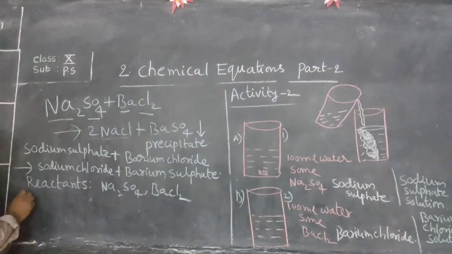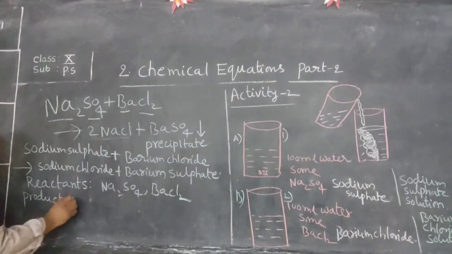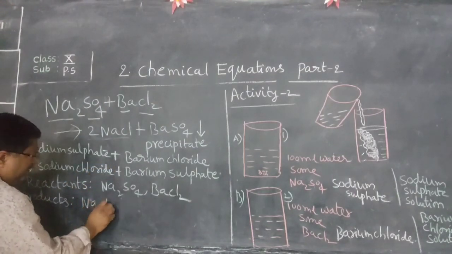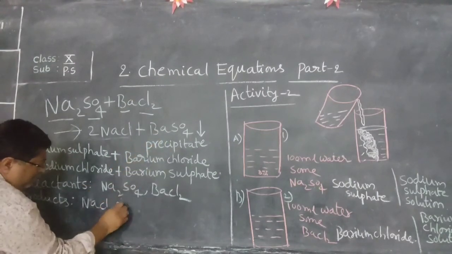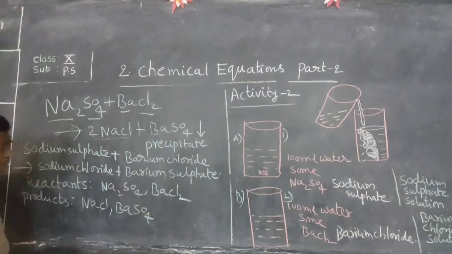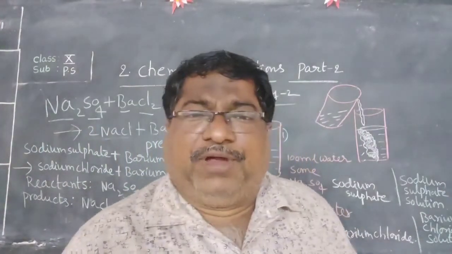The products are NaCl and BaSO4, barium sulfate.